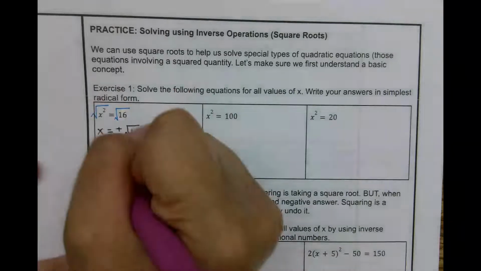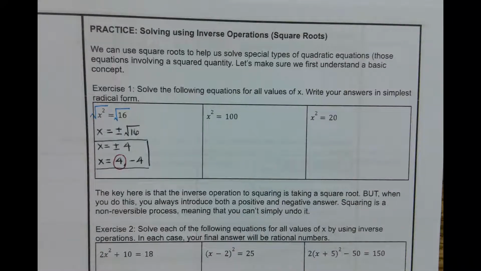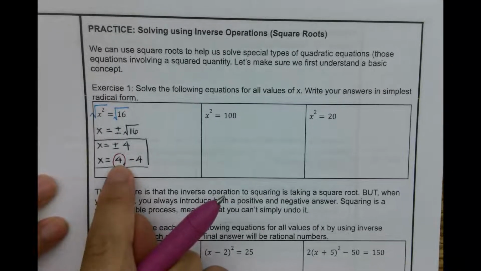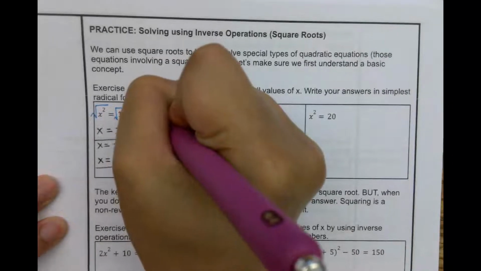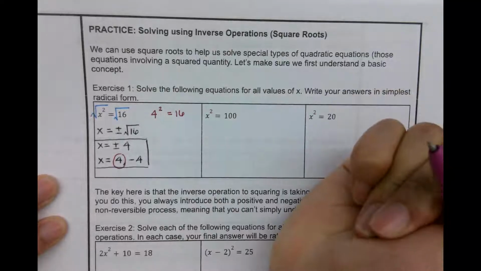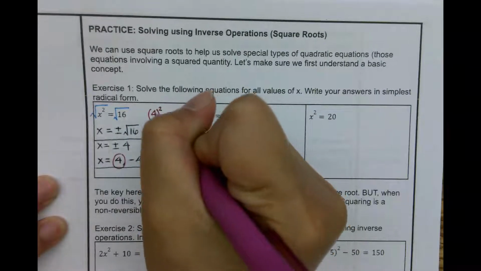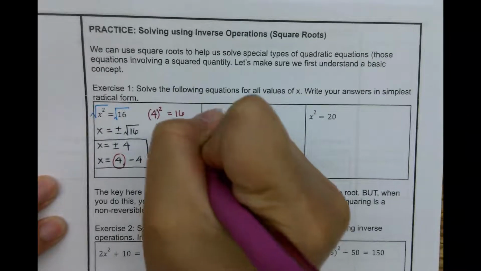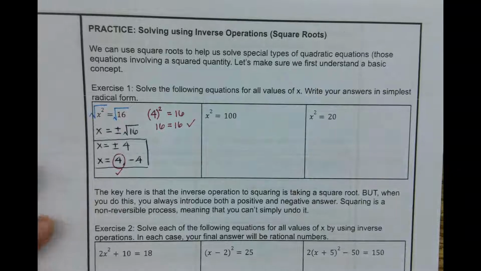Let me check it. To check our solution, all we need to do, we learned this from the beginning, is plug it back in. So I'm going to plug in that 4. 4 squared is 4 times 4, which is 16. Does 16 equal 16? Yes, it does. So positive 4 is a solution.